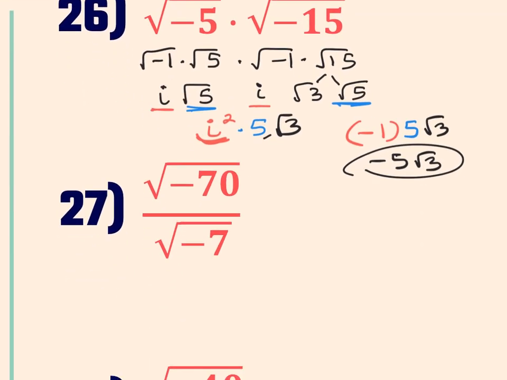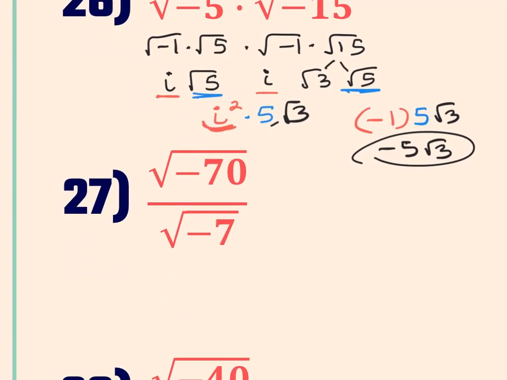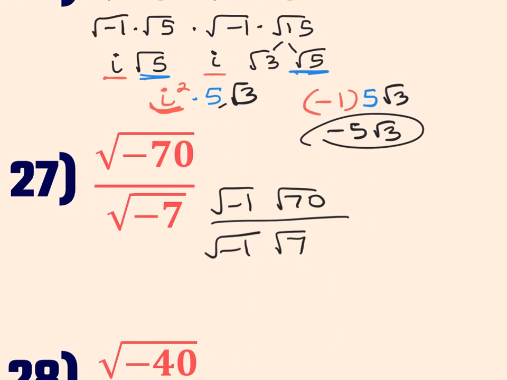27. Again, I can make it -1 times 70, -1 times 7, and this gives me i radical 70, i radical 7.